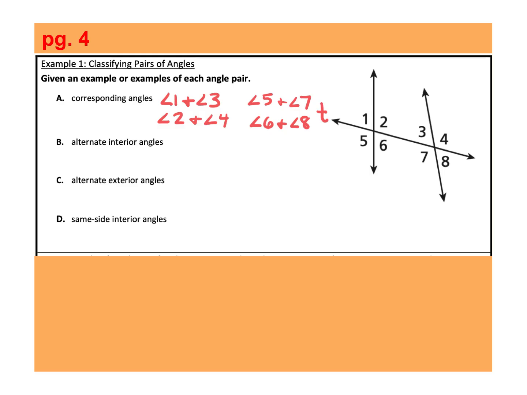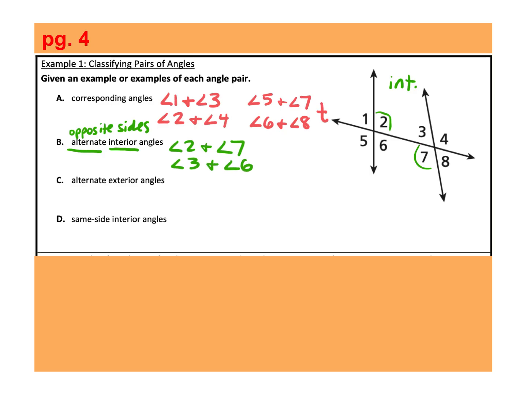Next, for the alternate interior angles, remember we need to be interior, which is inside the lines, and alternate, we need to be on opposite sides of the transversal. So that would be like 2 and 7. And also angle 3 and angle 6.